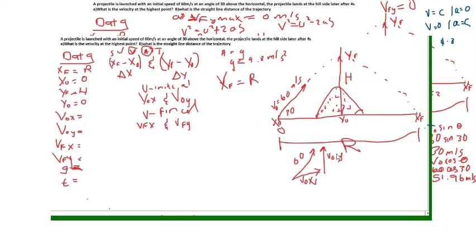This has got components. Then this is theta. So from this triangle, you can tell that Voy is equal to, because it's opposite the theta, V initial sine theta. Then this will equal 60 sine 30.